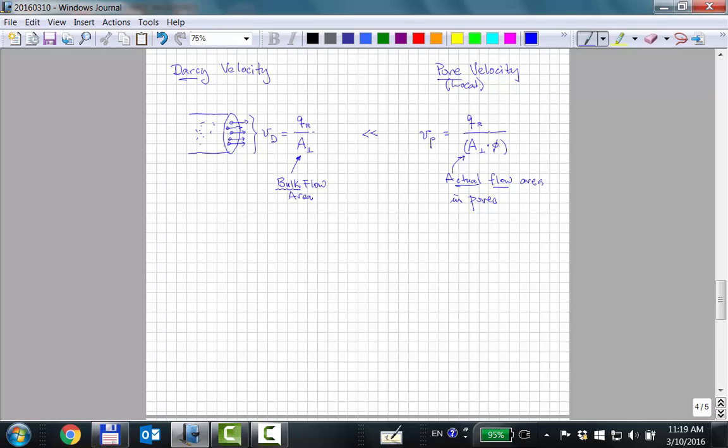The pore velocity divides by the actual flow area, which is the bulk flow area times porosity. There's probably some saturation that should be in there too. If the pore was 50% filled with water that was not moving, let's say the initial water, then I think you need 1 minus water saturation also.